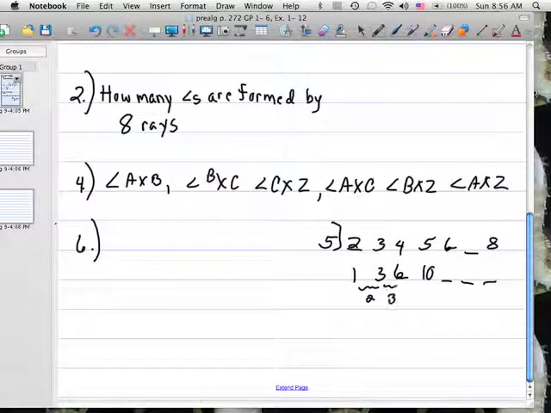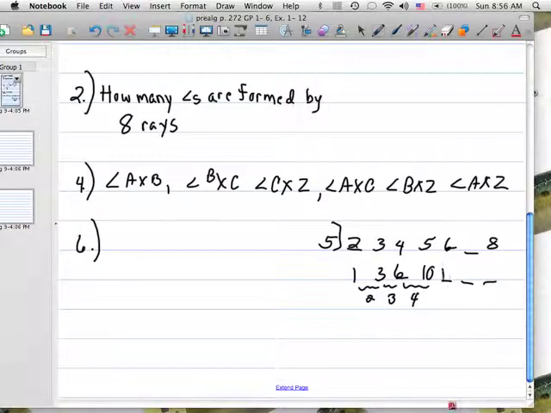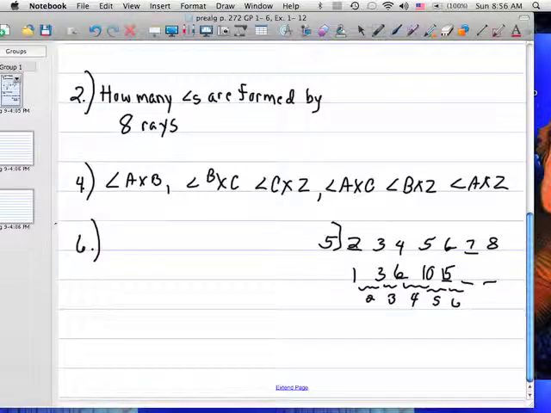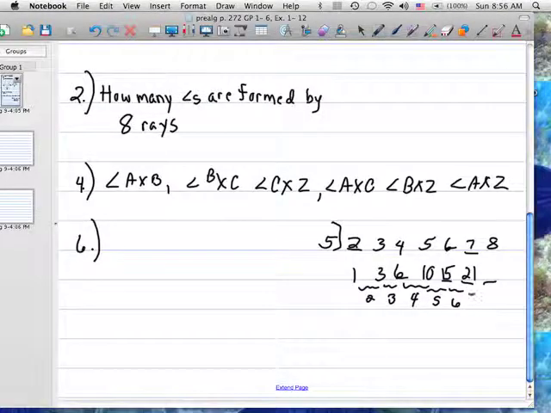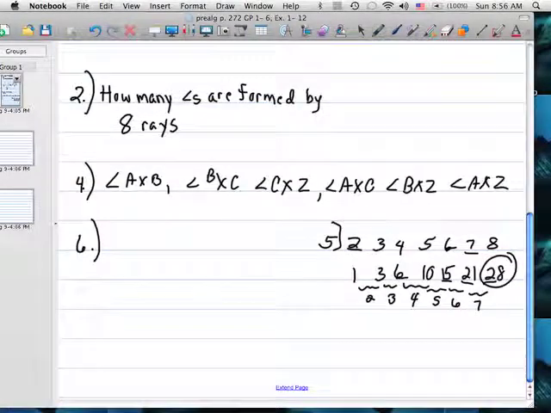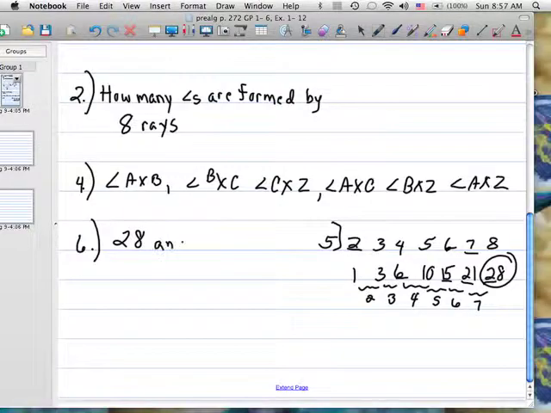It's going up by 2, then by 3, then by 4. So the next one would have to be 15. And then 7 would have to go up by 6, which would be 21. And then the next one would have to go up by 7, which would give me 28. So my answer to number 6 is that there are 28 angles.